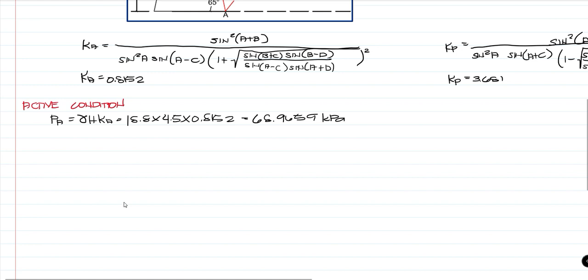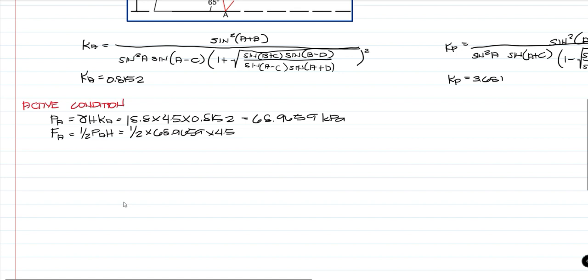Now, to get the active earth force, we can have Fa, which will be equal to a triangular pressure diagram. So, ang area nun will be 1/2 times Pa times the height. That will be 1/2 times 68.9659 kilopascal times 4.5.